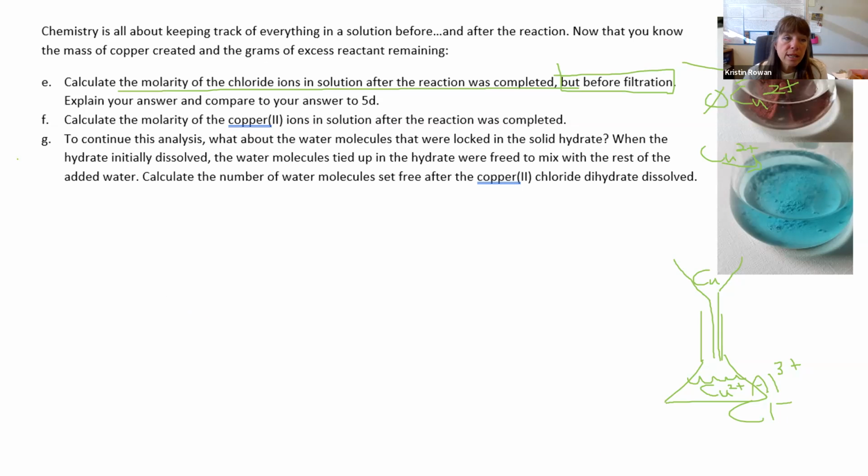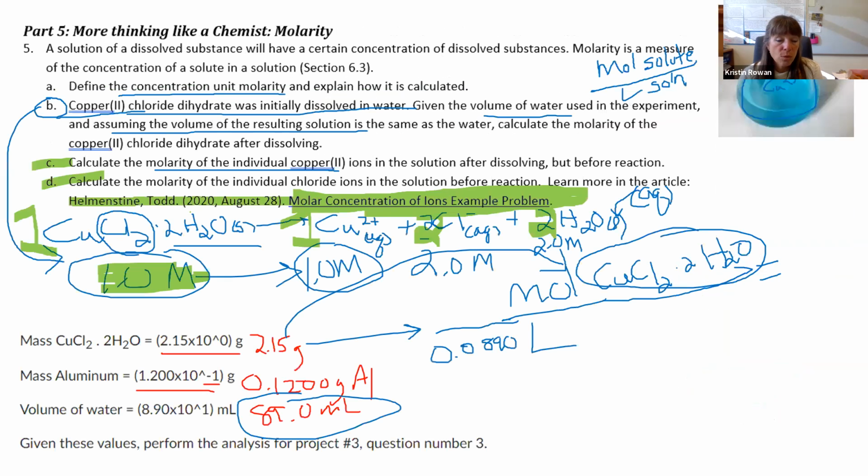So anyway, for part E here, the idea was to calculate the molarity of the chloride ions in solution after the reaction was completed. Now, did we already talk about the chloride ions? We did back here. Calculate the molarity of the chloride ions before reaction. Now you might question, was chloride even really involved in the creation of the copper, or was it the aluminum?